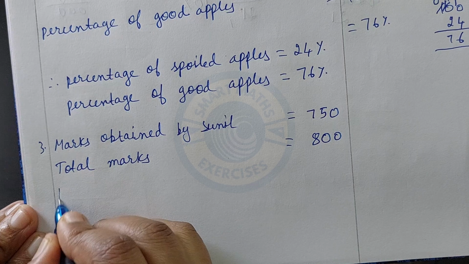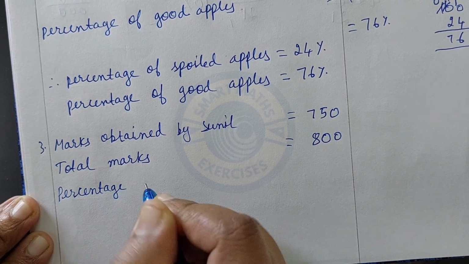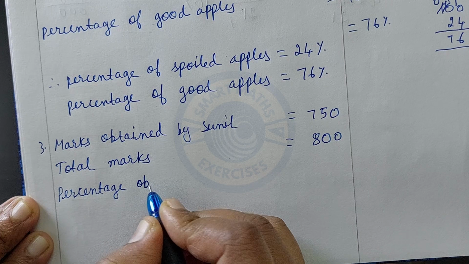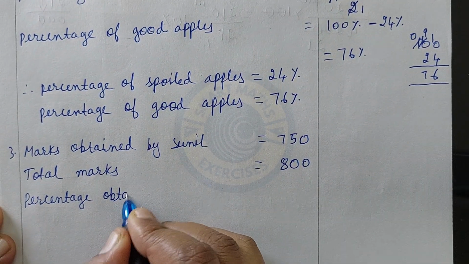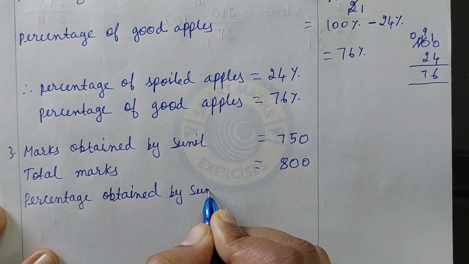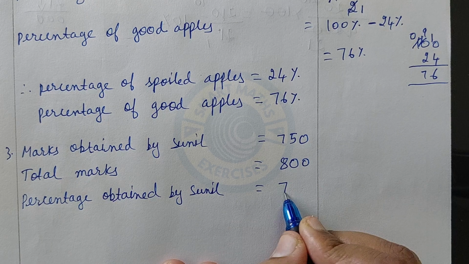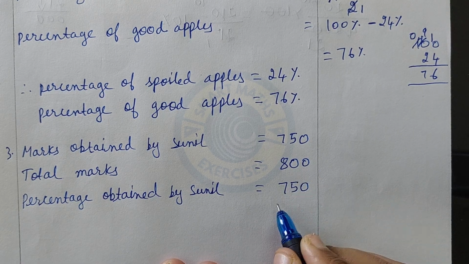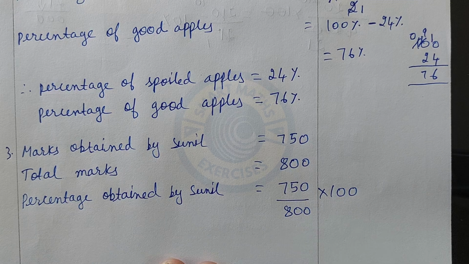Now let's find out the percentage obtained by Sunil. Percentage obtained by Sunil is equals to 750 given quantity by total quantity into 100.